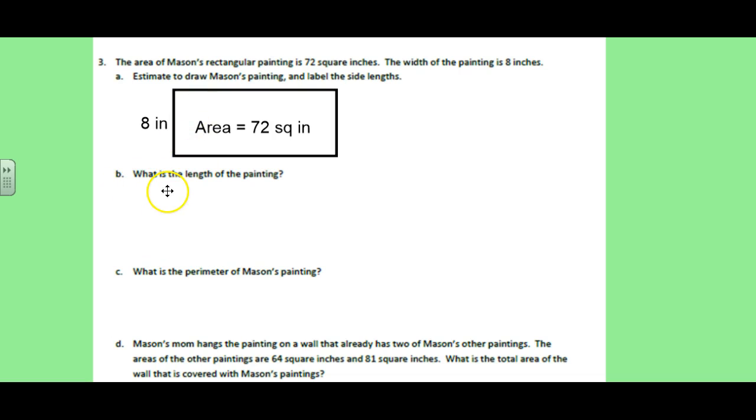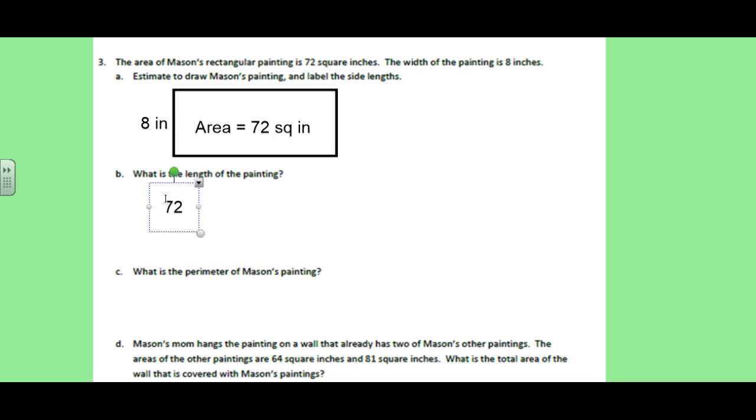So B says, what is the length of the painting? And if you remember back when we were working with area, if we were given the area of a rectangle and one side length, then we had to divide those two numbers to figure out the missing side length, because that's the same thing as asking yourself 8 times what is going to give you 72.